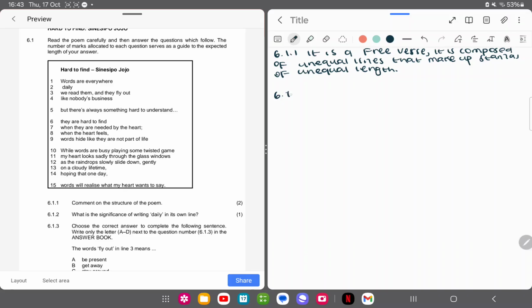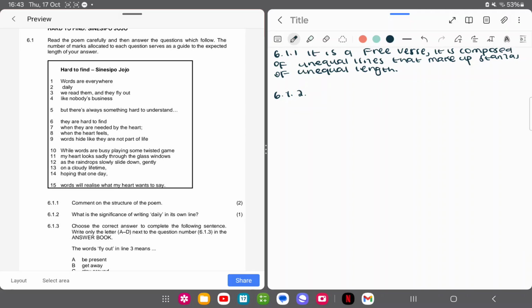Right, then we move on to the next question. It says, what is the significance of writing daily in its own line? The word significance simply means what is the reason for writing daily in its own line. And since it is written in its own line, it's quite evident that there is an emphasis that wants to be created.